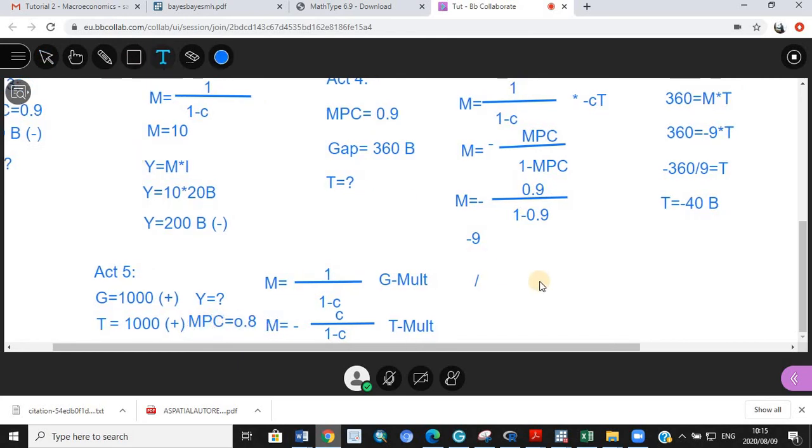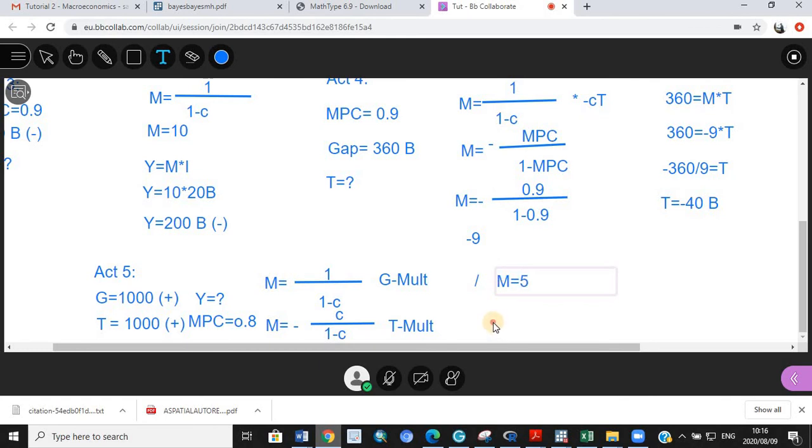Okay, so here we'll have 1 divided by 1 minus 0.8. This is going to be 1 divided by 0.2, which is equal to 5. So M is equal to 5.